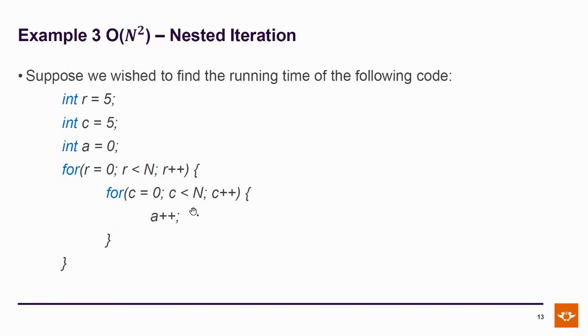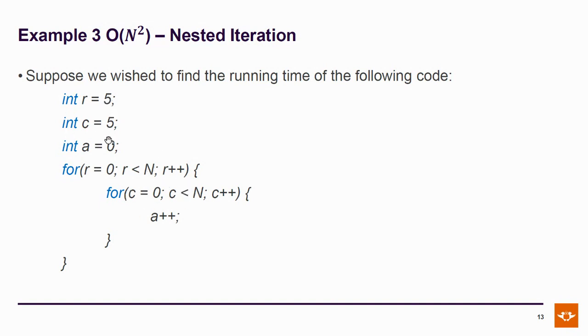However, think of it like this. Either your array is square, in which case rows and columns are the same, or either rows or columns is larger. So since we're just purely worried about the worst case analysis, we'll just say that it's going to be the larger of rows and columns. So in this one, it doesn't matter. I've explicitly made them the same.